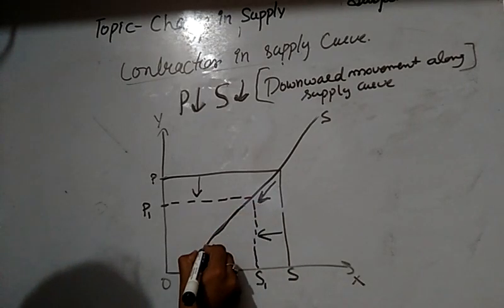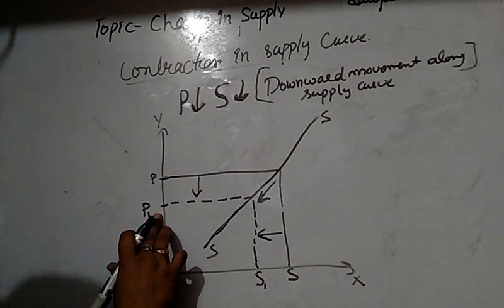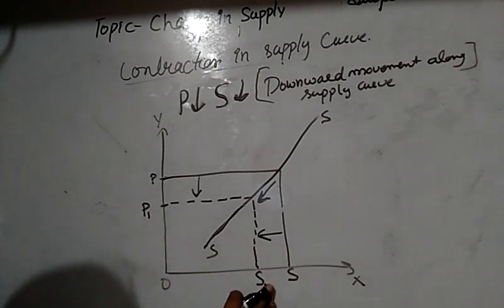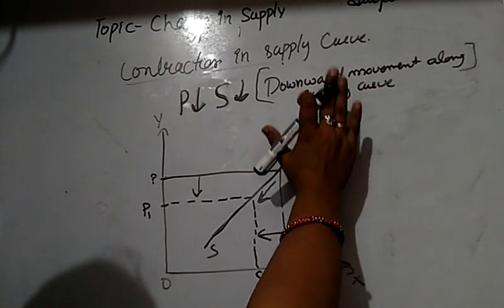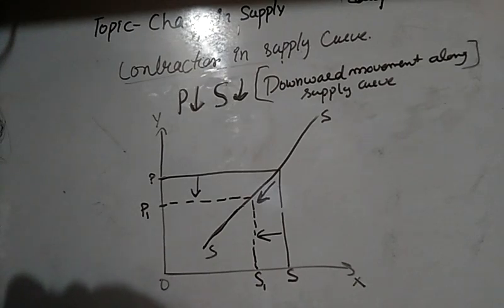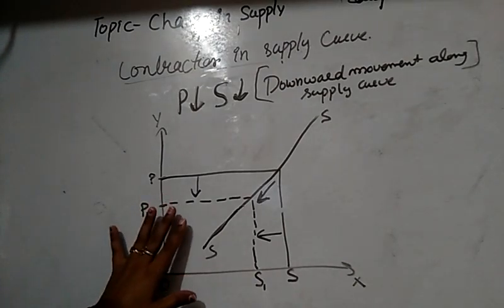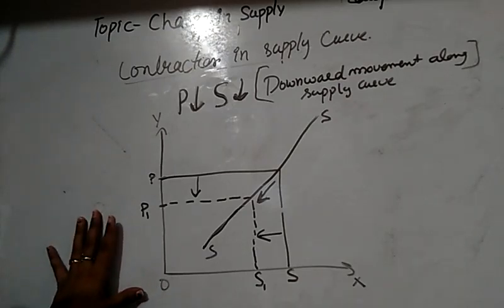The supply curve moves downward because price is decreased, and so supply is also decreased. It is also called contraction in supply curve. Clear, students?